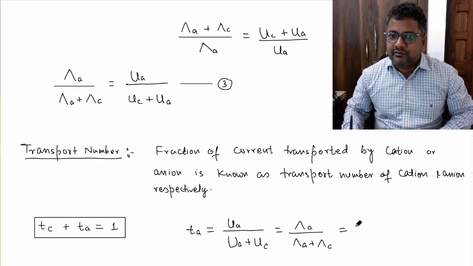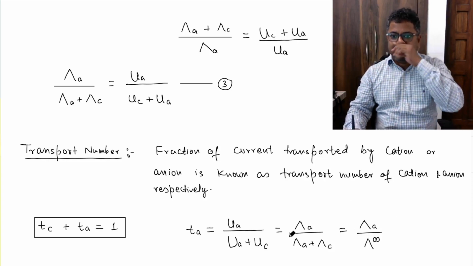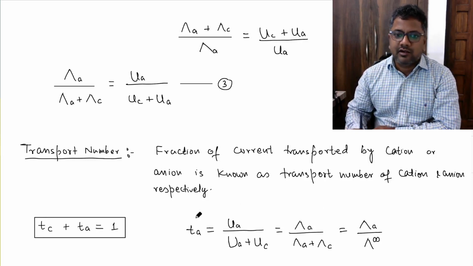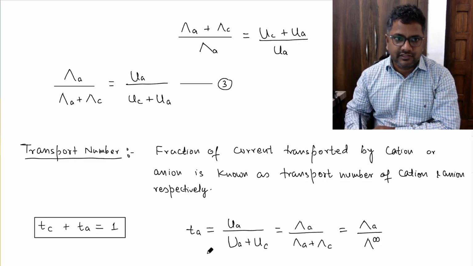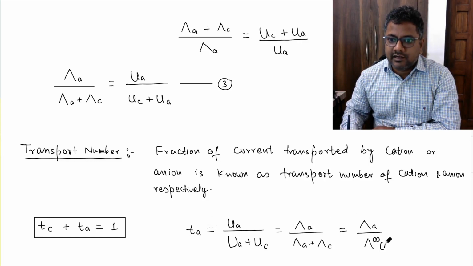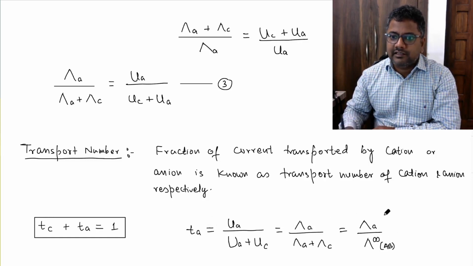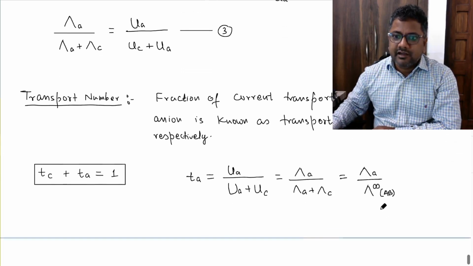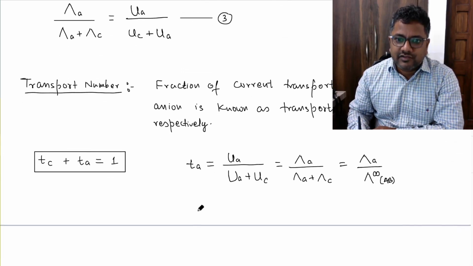So you can write lambda of anion by lambda infinite. See, this is the transport number. Now you have the relation between transport number and equivalent conductance. This is the equivalent conductance of AB and this is the equivalent conductance of anion.